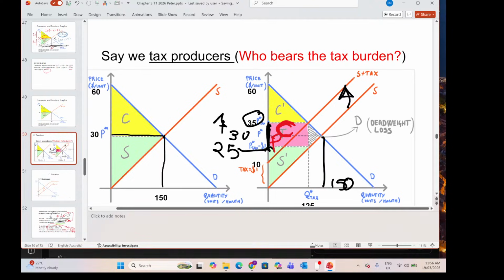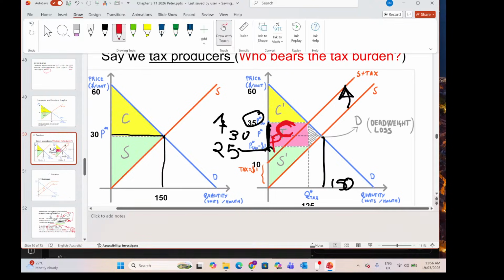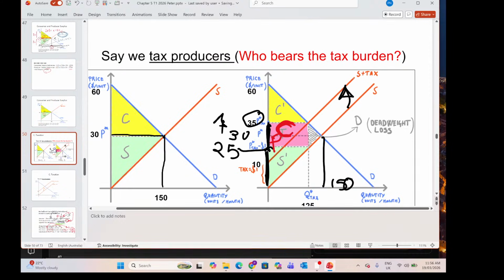So we can work out the new consumer surplus and producer surplus. How big is the vertical interval on the supplier surplus? Well, it's 0 to 25. So this vertical distance is 25. The horizontal distance is 125.